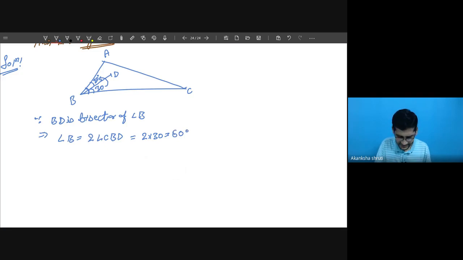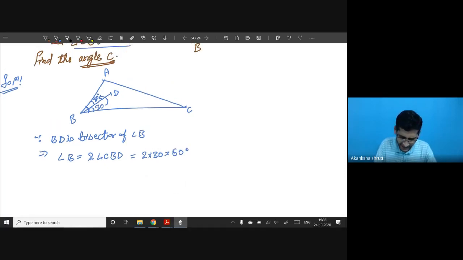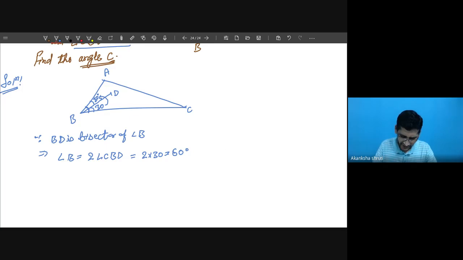This way you may understand, or directly from the figure you can also write this is 30, so the other one is 30, so total angle B is 30 plus 30. So angle B is equal to 30 plus 30, which is 60 degrees. Good, correct answer.